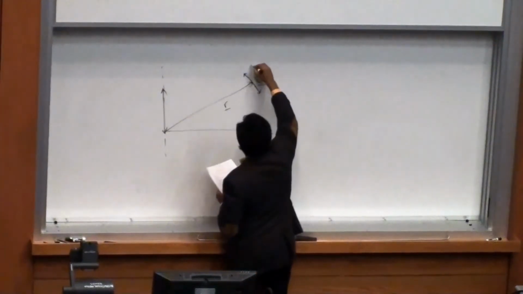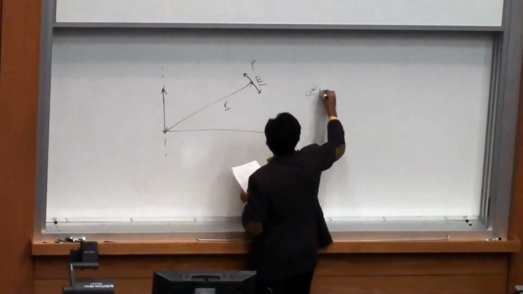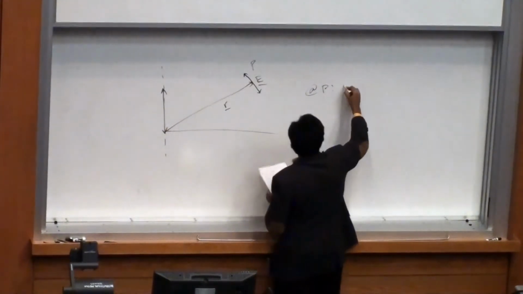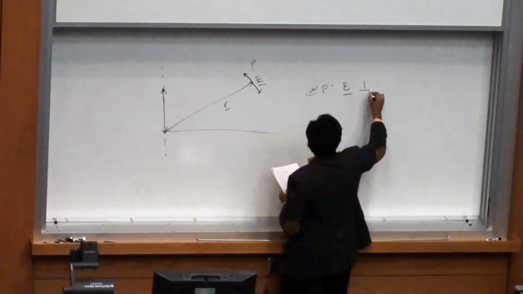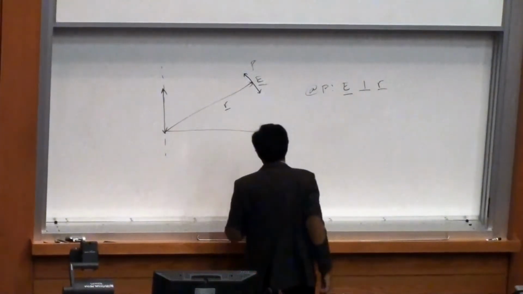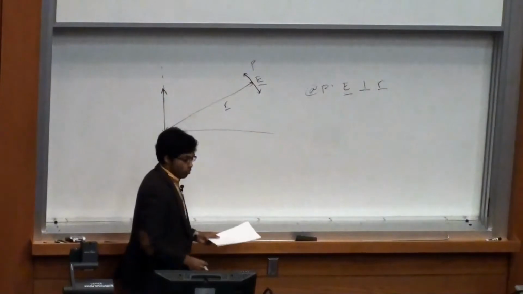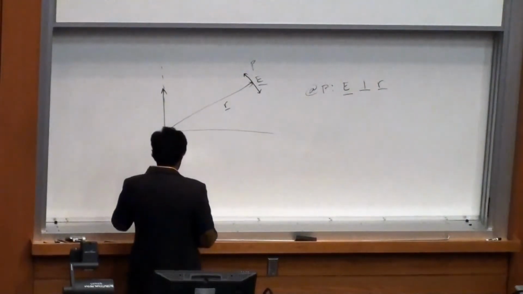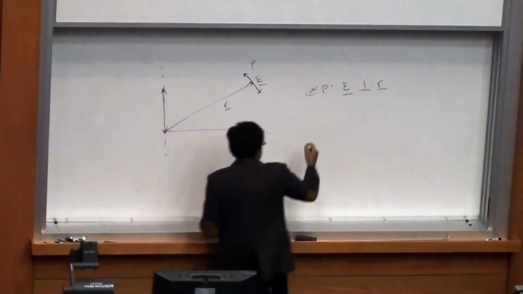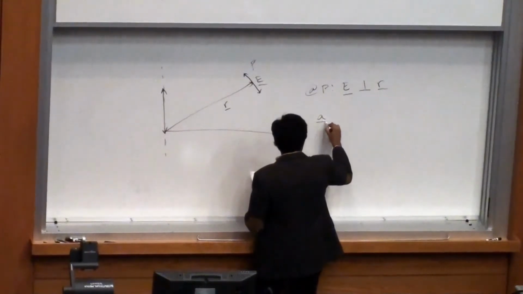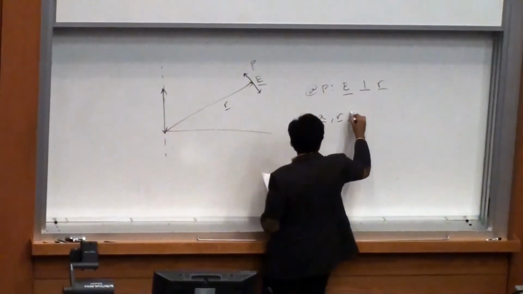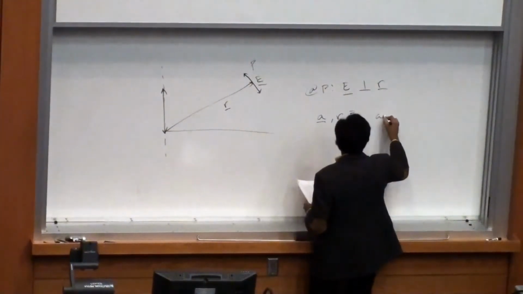We know that at this point, P, the electric field is always perpendicular to my r vector, and the direction of propagation is also always perpendicular. The acceleration, the r, and the electric field are all in one plane.